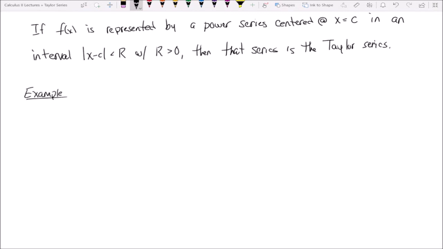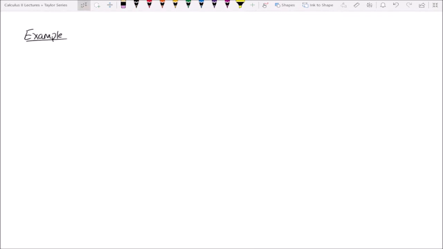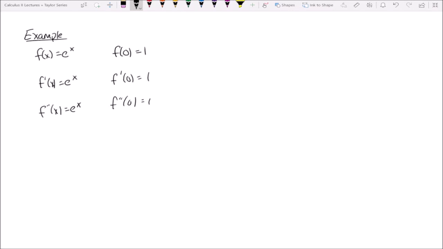What we will now do is find a Maclaurin series for the function e to the x. Well, this would mean that f of 0 is equal to 1. f prime of x is also e to the x, so f prime of 0 is also 1. f double prime of x is e to the x, so f double prime of 0 is 1.